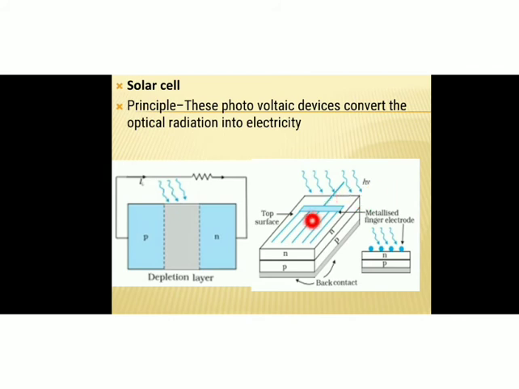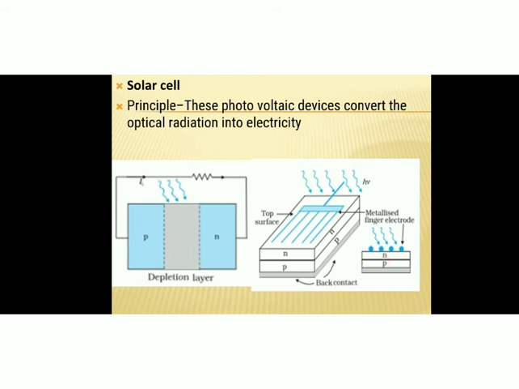Those photons will generate the electron hole pairs, and these electron hole pairs move to the respective regions under the influence of the electric field within the depletion layer. So as a result, the electrons start to flow to the N region, and holes start to flow to the P region. More and more electrons are accumulated in the N region, and more holes are accumulated in the P region.